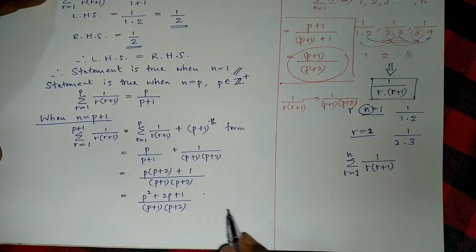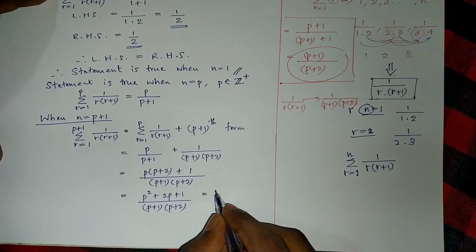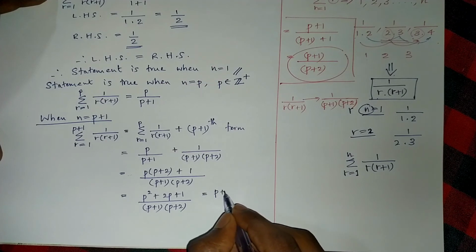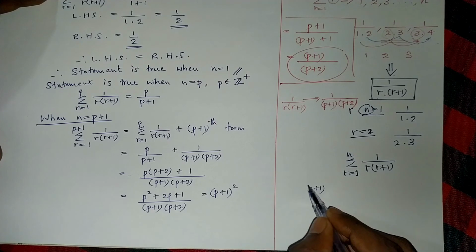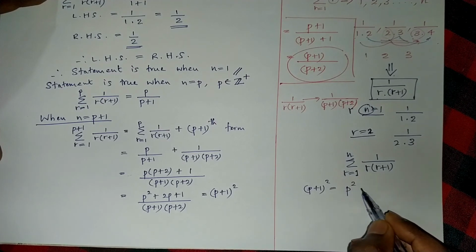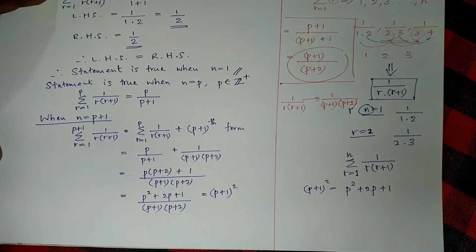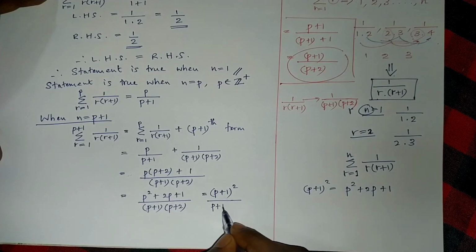Now this quadratic expression of p can be written as p plus 1 whole square. Expand p plus 1 whole square. We have p square plus 2p plus 1. So instead of p square plus 2p plus 1, I can write p plus 1 whole square. So the denominator is p plus 1, p plus 2.